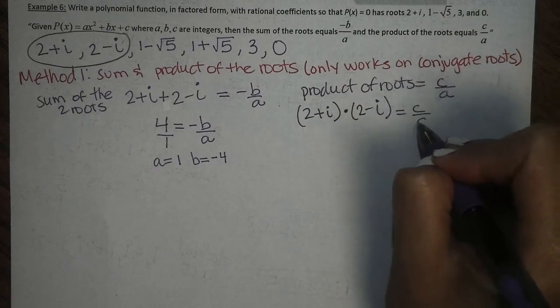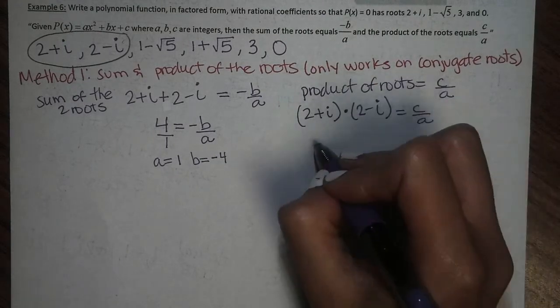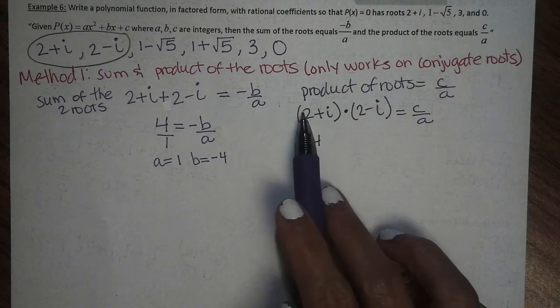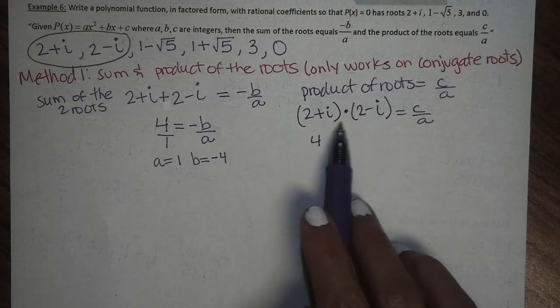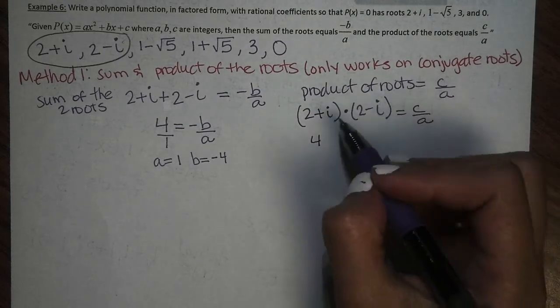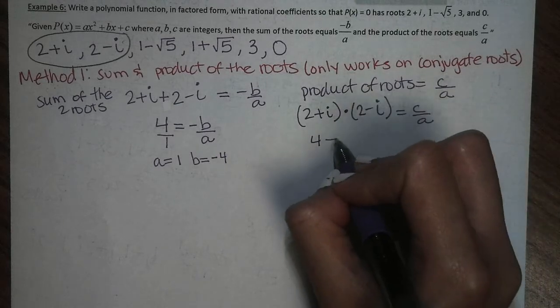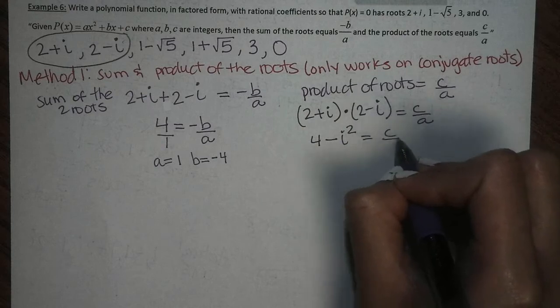That's going to give you c over a. So let's FOIL this out. 2 times 2 is 4. The middle parts are going to cancel out because 2 times negative i will cancel with i times positive 2. And now you multiply i times negative i. That will be a negative i squared. So that equals c over a.